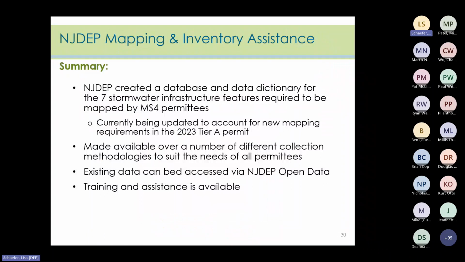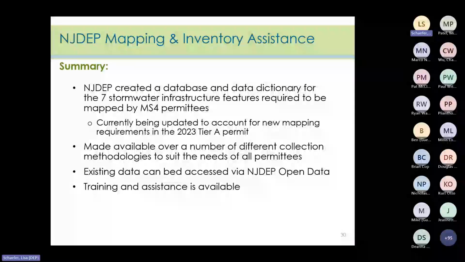Okay, so in summary, NJDEP created a database and data dictionary for the 7 stormwater infrastructure features that are required to be mapped by MS4 permittees, which is currently being updated to account for new mapping requirements in the 2023 Tier A permit. The data dictionary was made available over a number of different collection methodologies to suit the needs of all of our permittees.